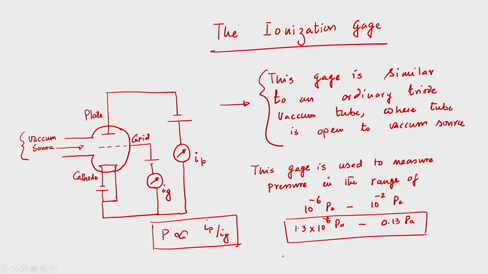So now again I am coming back to the previous slide, where it is seen that the tube is open to the vacuum source. So if the space is filled up with gas, of course low pressure gas, the electrons which are emitted by the cathode will move toward the grid, and the emitted electrons lead to gas ionization through collision of the molecules.